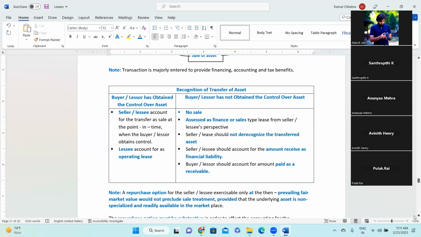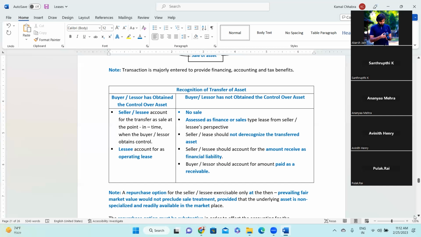On the right hand side, when the buyer has not obtained control at all, that means the car is still with Santropti. Ananya has just paid the money and took the title, whereas the public at large knows it's Santropti's car and she is enjoying all the benefit of that car. In that scenario, it is not a lease, it is just a financing arrangement.